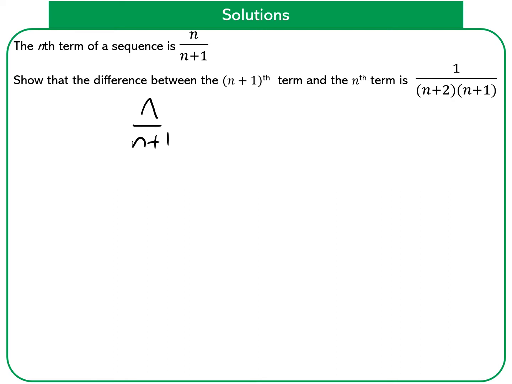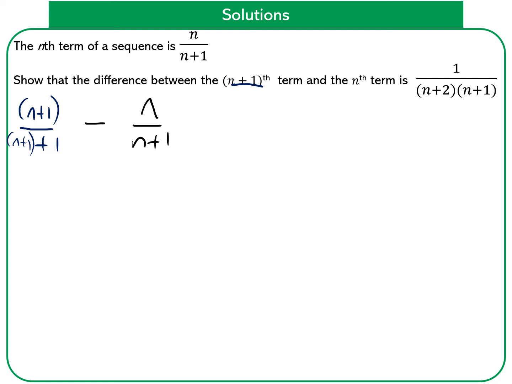I'm just going to write that out again over here. And what I need to do is replace the next term, it's going to be 1 more. So I need to essentially replace that n with n plus 1. And what we need to do is find the difference, so I'll end up taking that away.